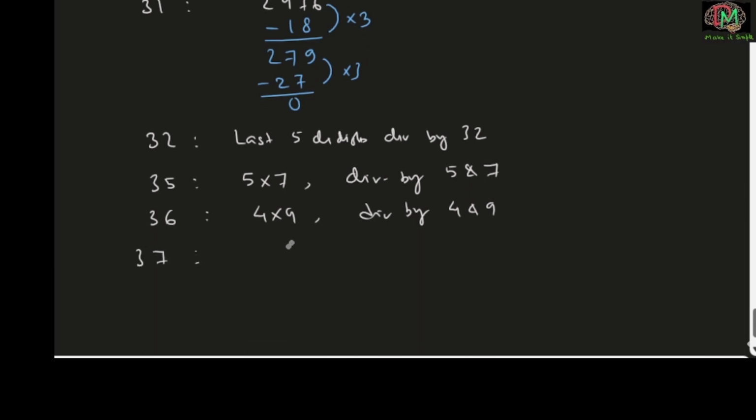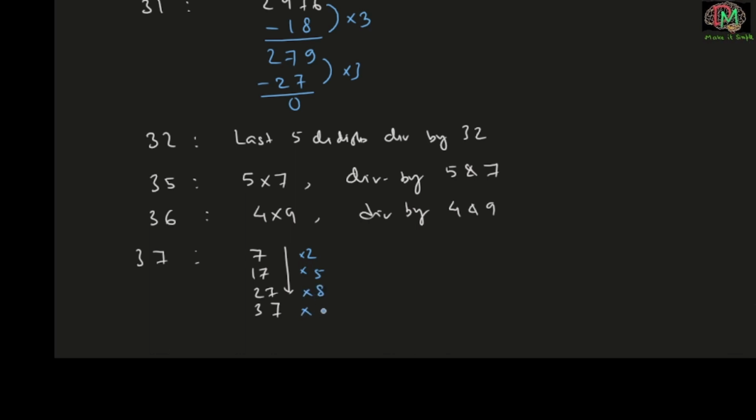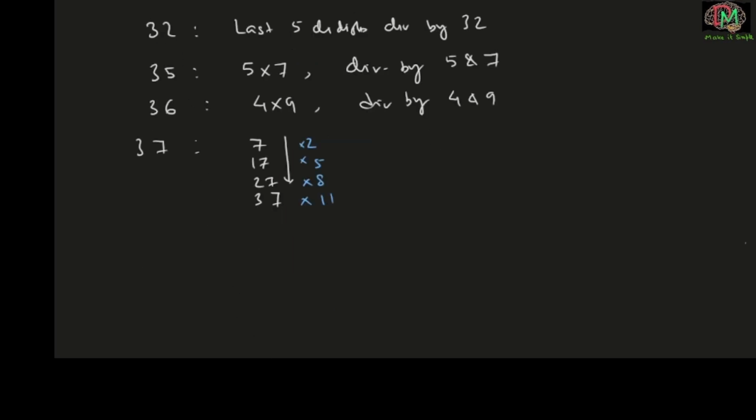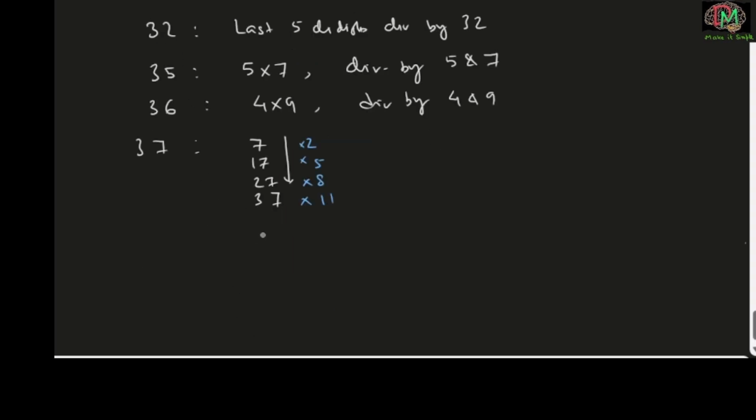Then 37. For this we apply the 7, 17, 27 continuation rule. What we have done here: for 7 we deduct 2 times the last digit, and here it is 5 and here it is 8. So now it will be 11. Let's take one example, 3552.